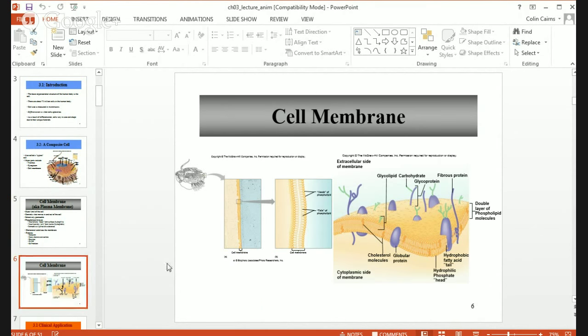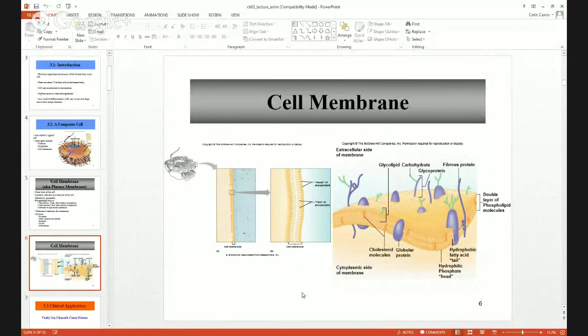This next slide shows a view of the cell membrane itself. As you can see, the phospholipid heads are hydrophilic, and the tails on the inside are hydrophobic. On the extracellular side, you'll see carbohydrates, glycolipids.